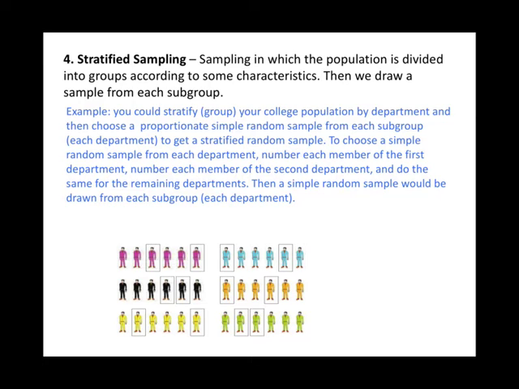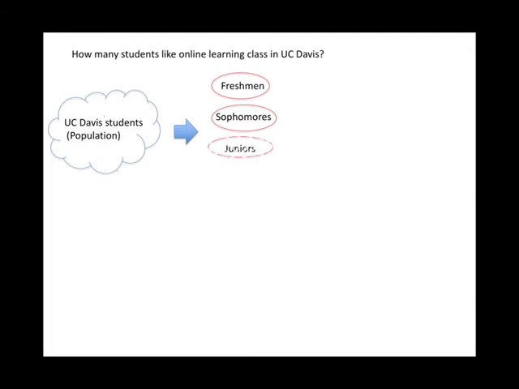Let me give you guys one more example. How many students like online learning classes at UC Davis? So we're going to look at the UC Davis students and we consider this my population. Now I will divide it into subgroups. I'm going to divide it by freshmen, sophomores, juniors, and seniors.